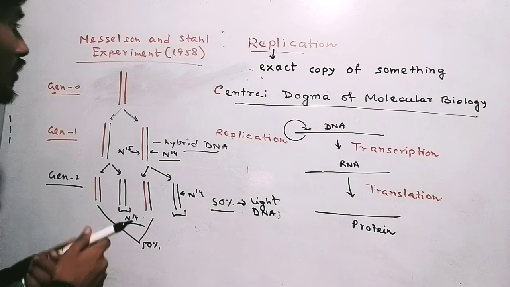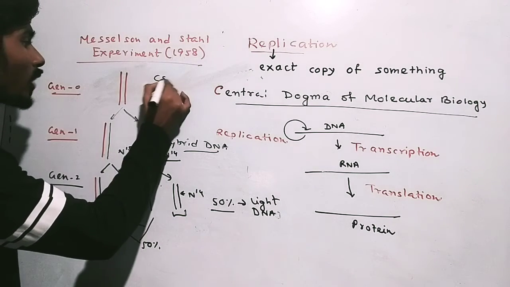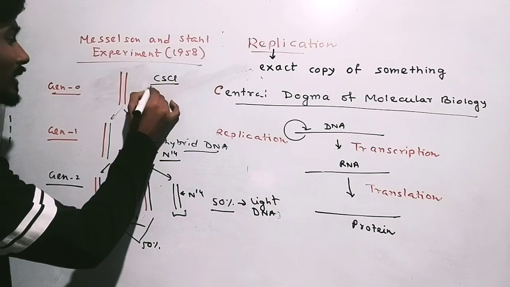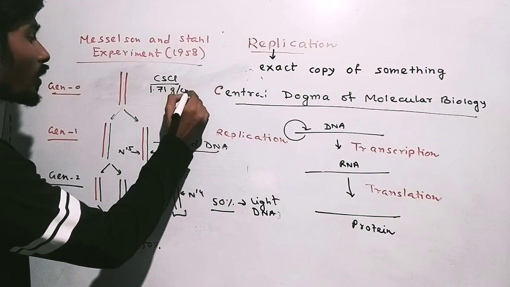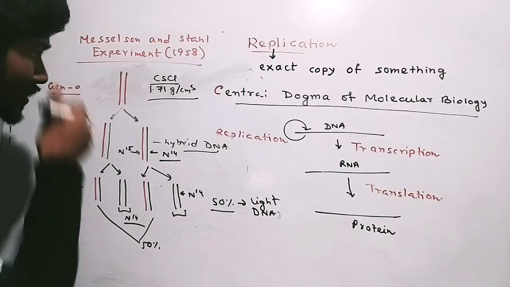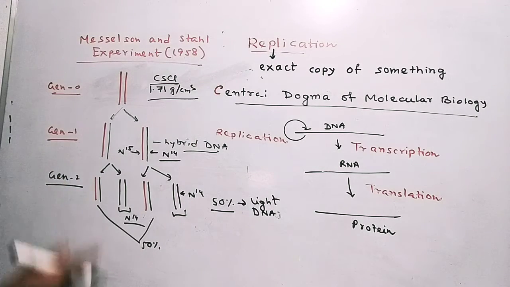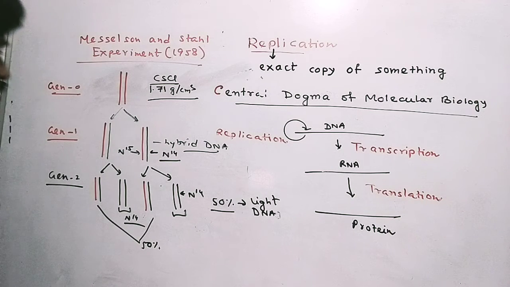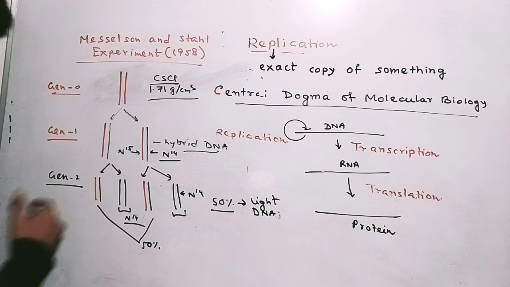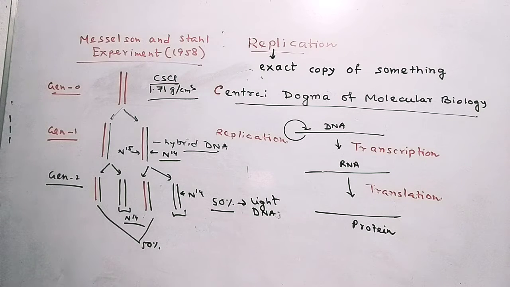And in the centrifugation tube we had cesium chloride, because it has a concentration of 1.71 gram per cm3, which is nearly equal to the concentration of normal DNA containing only the N14 type of nitrogen atoms. So it clearly tells us that DNA replication is not a conservative process, it's not a dispersive process, it's actually a semi-conservative process.